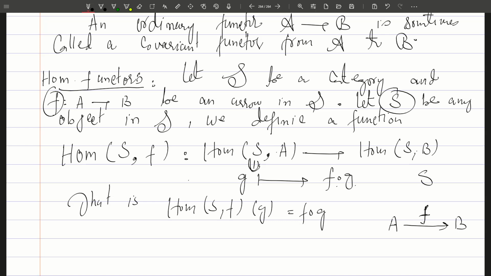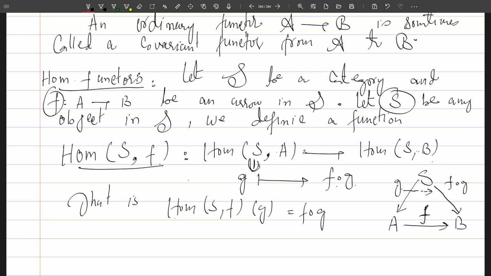Now we say g is mapped to something. First of all, g is an element of Hom(S, A), which means g is an arrow from object S to A. Now we define this Hom(S, F), a function which takes the arrow g to an arrow from S to B. So one natural way to define this arrow is the composite map F composite g.